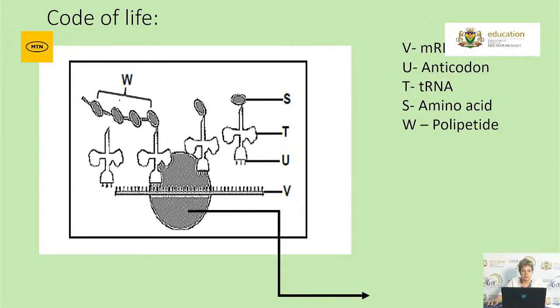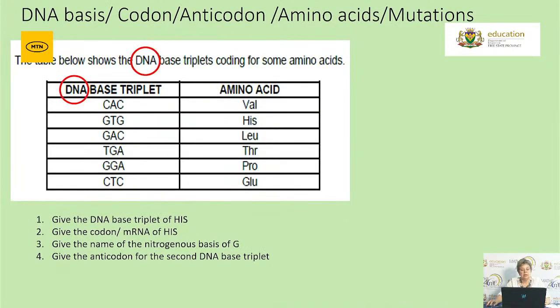And the ribosome, you must be able to identify the ribosome, and you must be able to apply your knowledge that in the ribosome the process of translation is taking place. Also, the bond between 2 amino acids is called a peptide bond.